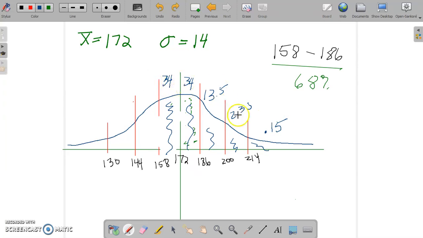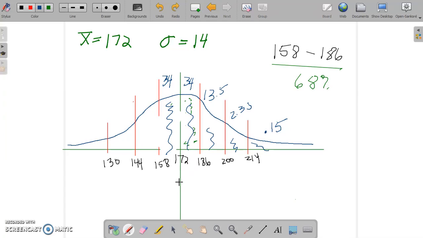So if you add all of those up, that is going to be the percentage of people who have undesirable cholesterol. That's not very good, is it? That's a lot of people. That's, I believe that's around 84% when we add all of that up.